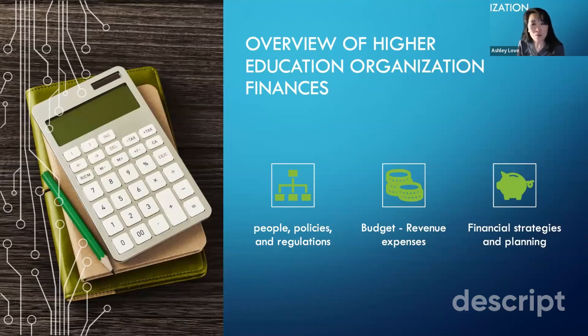It's going to be very important to have people who are qualified. There needs to be policies in each level and also regulations that are easy to understand. We also need to have budget planning, where how much is coming in revenue and how much is going out. And then lastly, when we look at budgeting, we're also looking at financial strategies and planning as well.